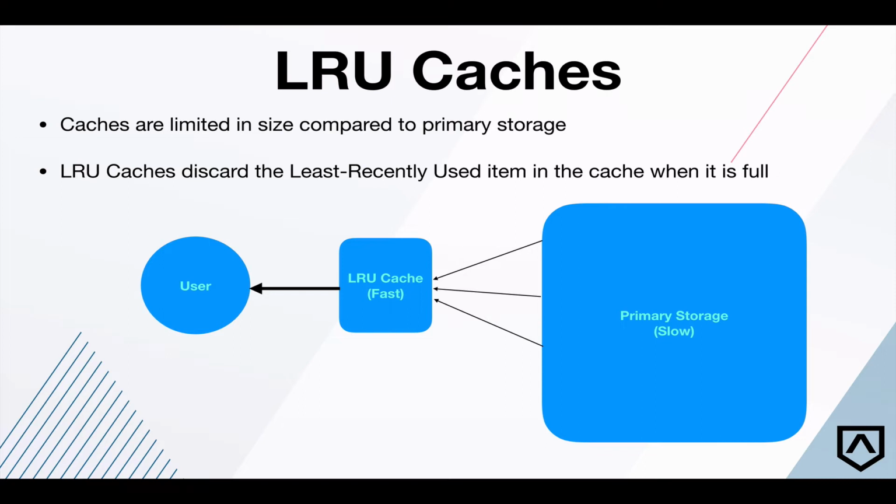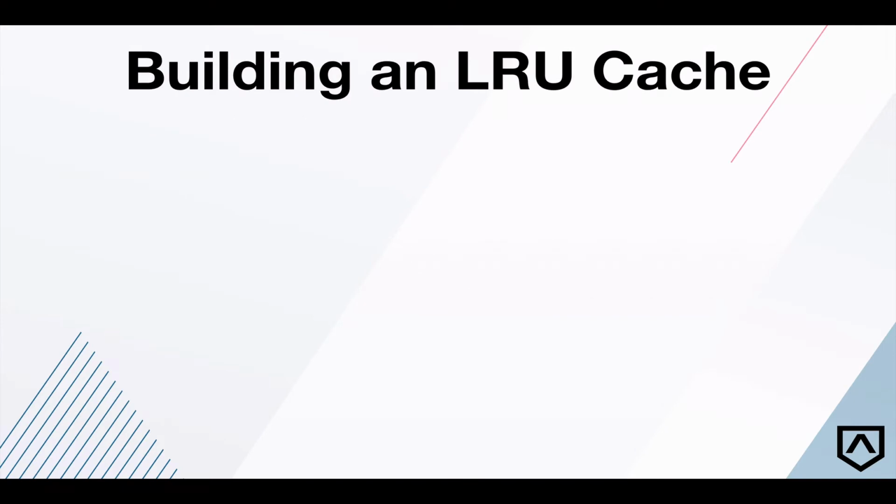So how do we build one of these things? Let's build an LRU cache. We need a couple of data structure components to make this thing happen. When we have a cache, we want to be able to look something up by a certain key. So we'll have a key, that'll be like a string, for instance, and we want to look in the cache and see if the data corresponding to that key is in there.